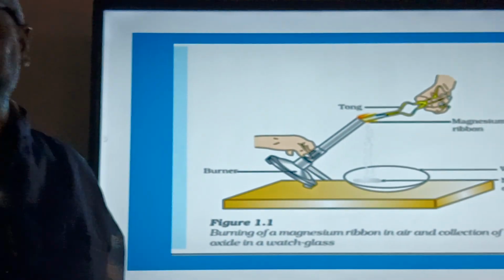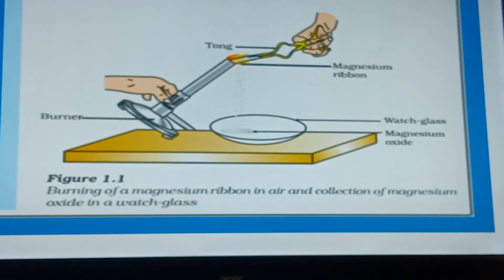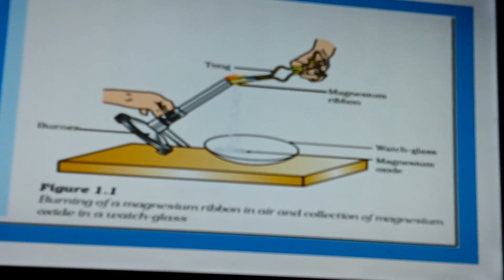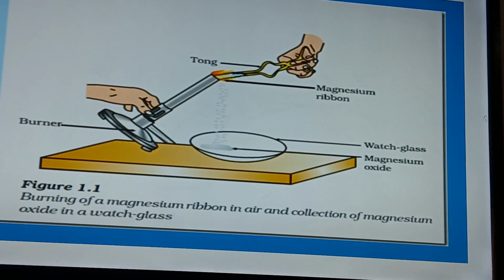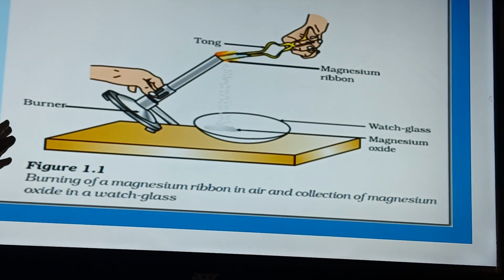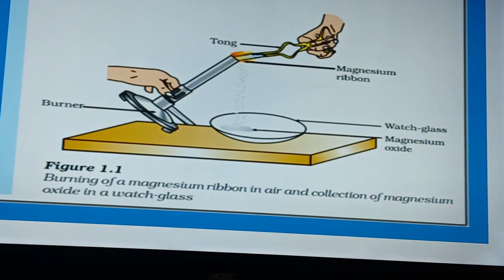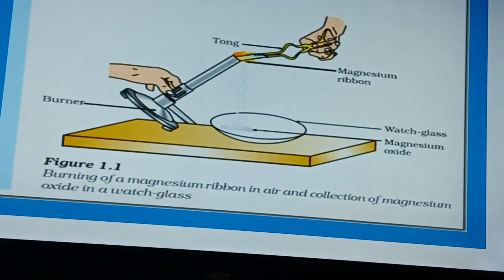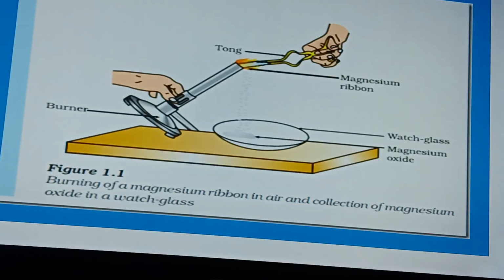What is the outcome of this diagram? And you are supposed to explain it. Like this the question will appear. Or, explain experimentally that burning of magnesium is a chemical reaction. Questions may appear in very different manners.